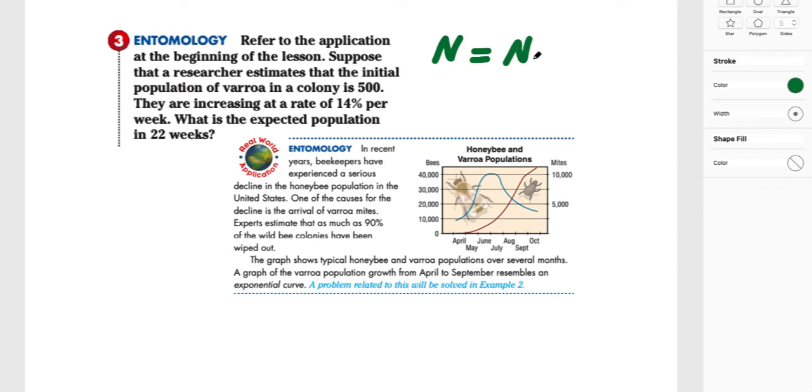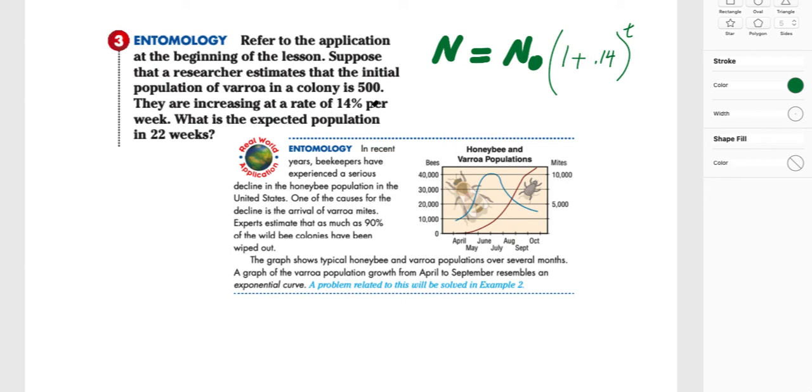Let me go ahead and get a normal pen tip. The amount is equal to the initial amount times 1 plus that percent increase. We write that percentage as a decimal, and then we raise it to the time value that we know this exponential increase happens, right?